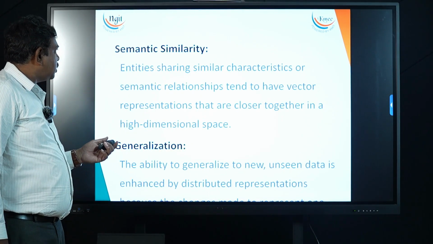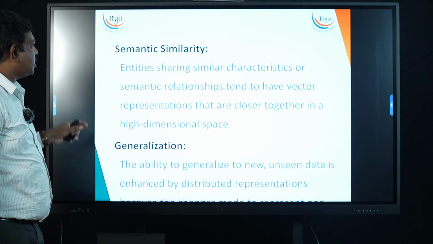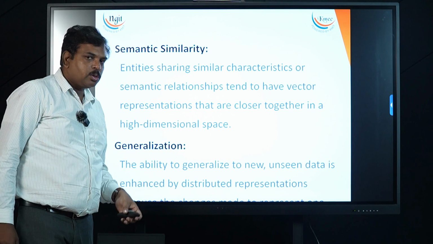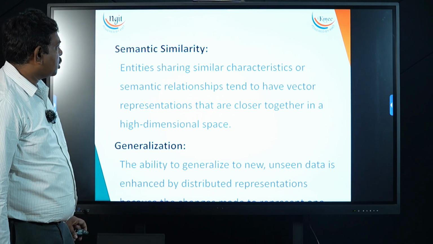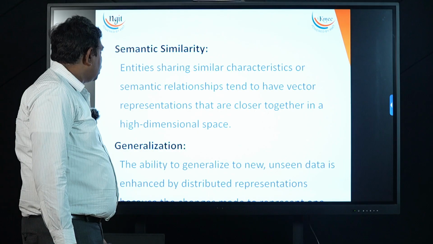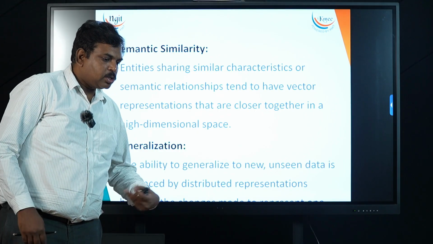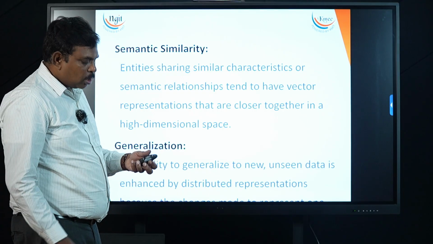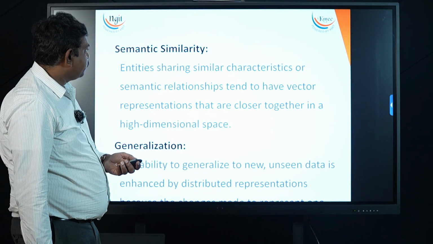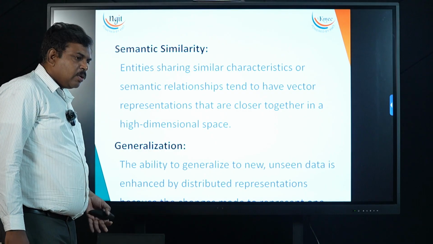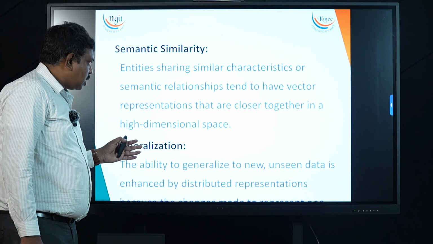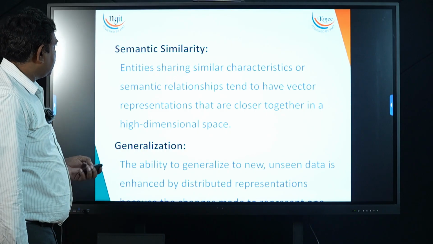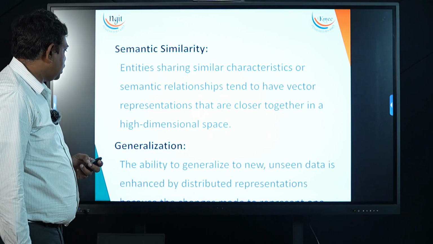The third feature of distributed representation is semantic similarity. Entities sharing similar characteristics or semantic relationships tend to have vector representations that are closer together in a high dimensional space. Sometimes some concepts look similar, and concepts of a similar nature can be grouped together in this kind of semantic similarity.